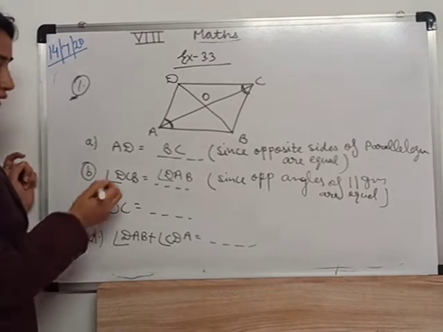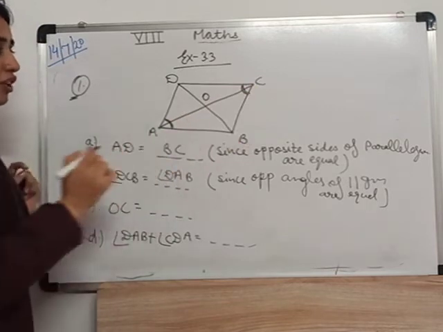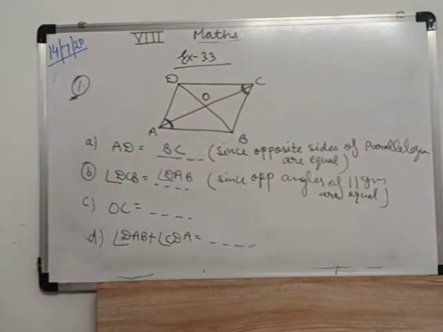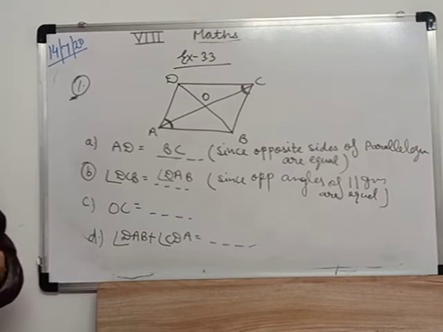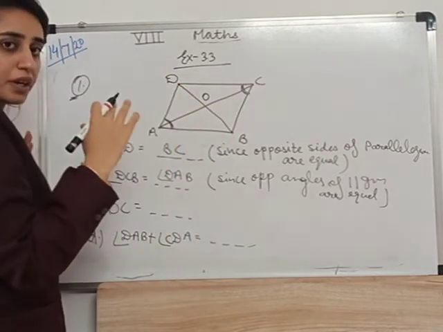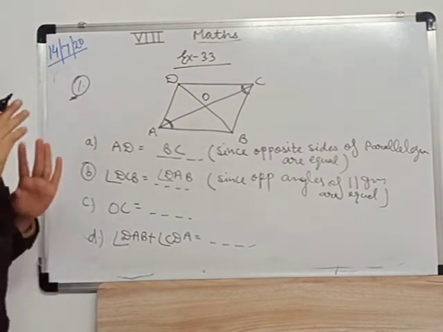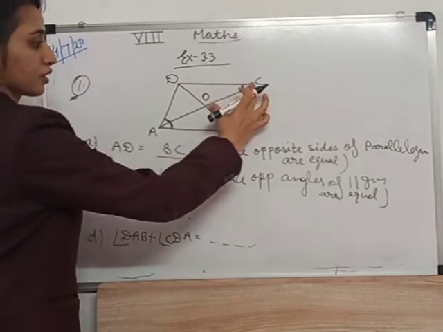Now the next part is OC. This is the diagonal, and we all know the property of a parallelogram. First learn or read all the properties of a parallelogram, then start solving these questions of exercise 3.3. When you have learned these properties, you can easily solve these very easy questions.